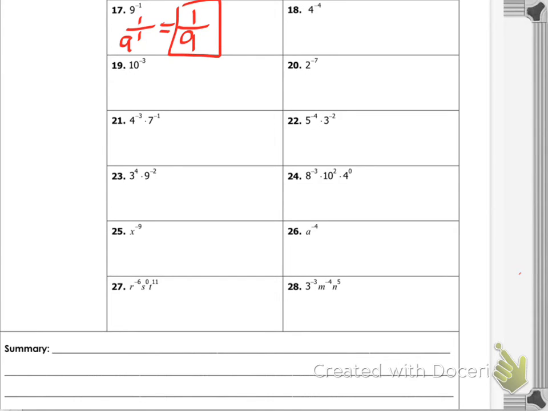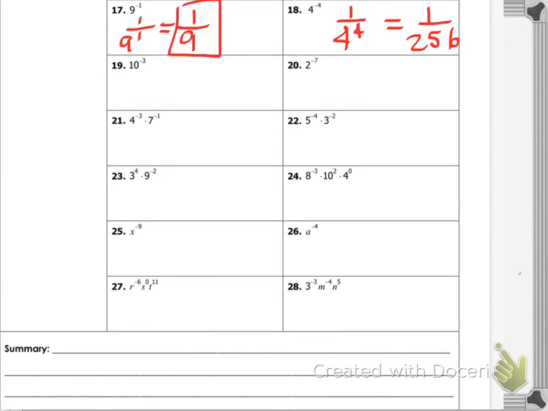The next one is 4 to the negative 4, so that's the same as 1 over 4 to the positive fourth power. 4 times 4 is 16. And then 4 times 4 again is another 16. So 16 times 16 is going to give us 256. So 1 over 256.